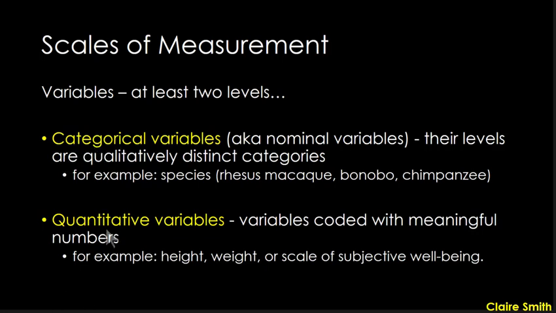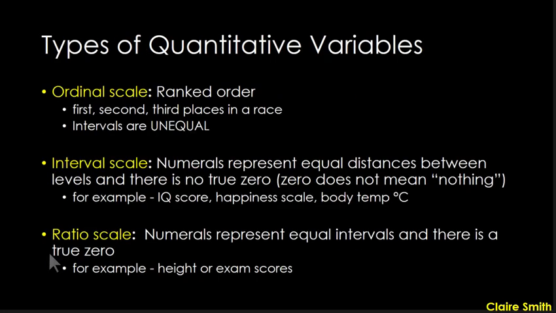I'm sure you've heard these if you're in any science class, but we're going to get a little deeper now. So quantitative variables, when we're looking at numbers, there's going to be 3 different types of quantitative variables. We have an ordinal scale, interval scale, and a ratio scale. So anytime you see scale, you know it's going to be quantitative.